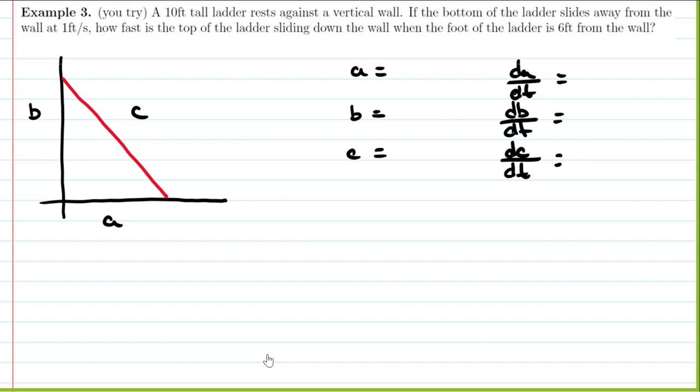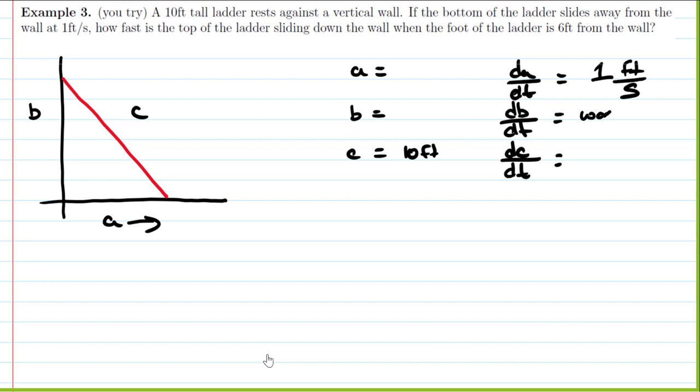So our ladder is 10 feet tall, so we know C is 10 feet and rests against a wall. If the bottom of the ladder slides away from the wall at 1 foot per second, so that's this side, and it's moving away from the wall at 1 foot per second, so that means dA/dt has to be 1 foot per second.